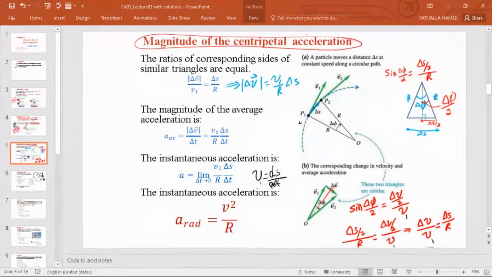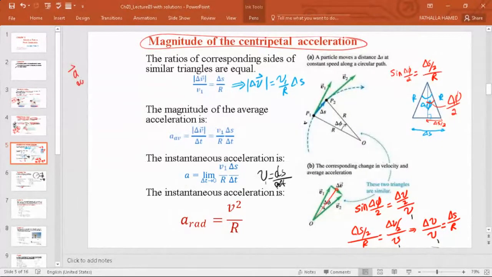So you know two things that we did previously: average acceleration is equal to delta V over delta T. And a should be the limit of delta V by delta T as delta T goes to 0. And that will give you dV by dt. We know these two.